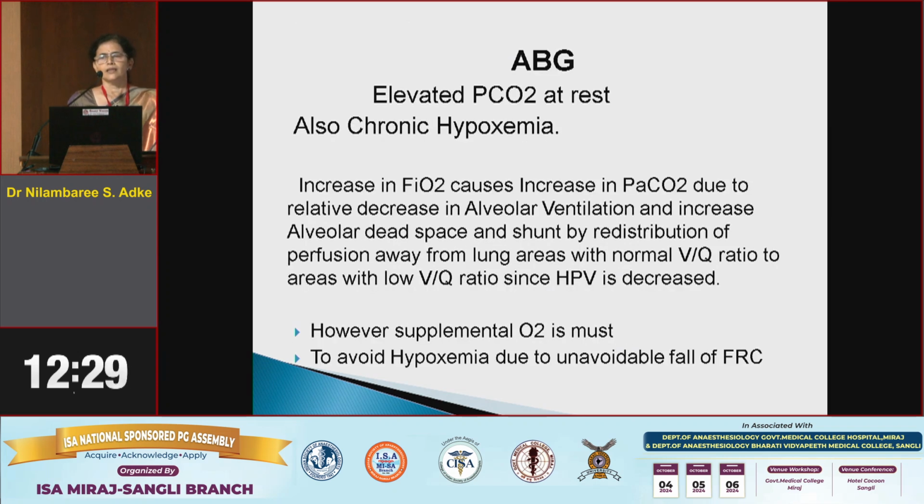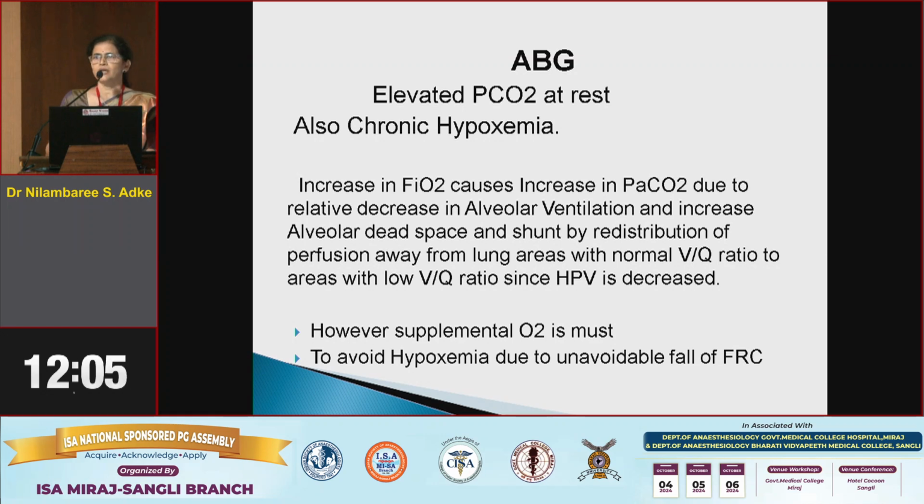Then, as there is elevated arterial CO2 at rest, ABG is a must. Also there is chronic hypoxemia, which we can investigate preoperatively, and accordingly we can start our treatment. Many a time patients are being operated on and we give FiO2.